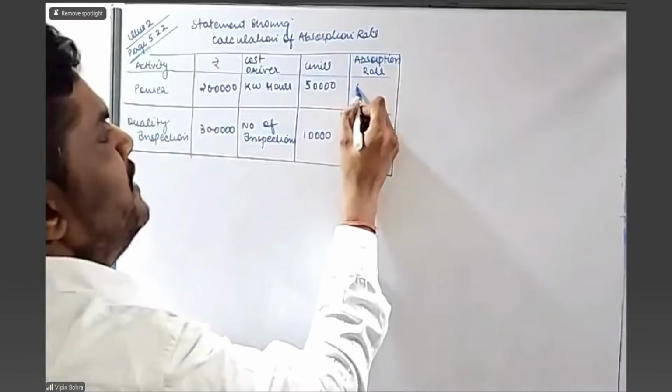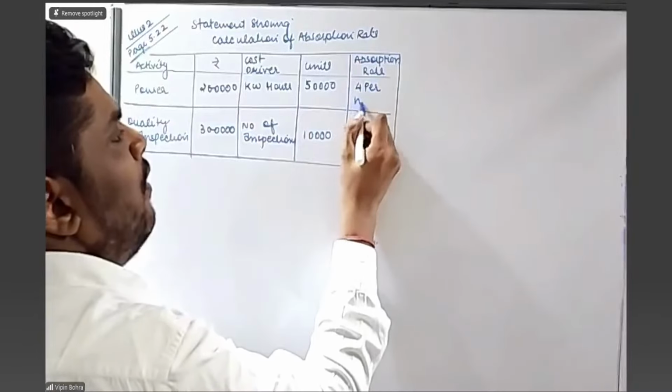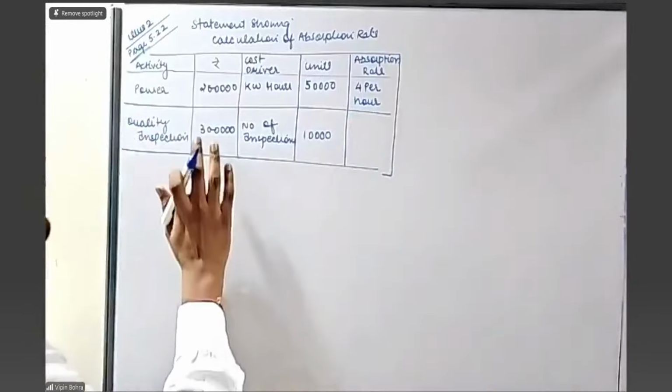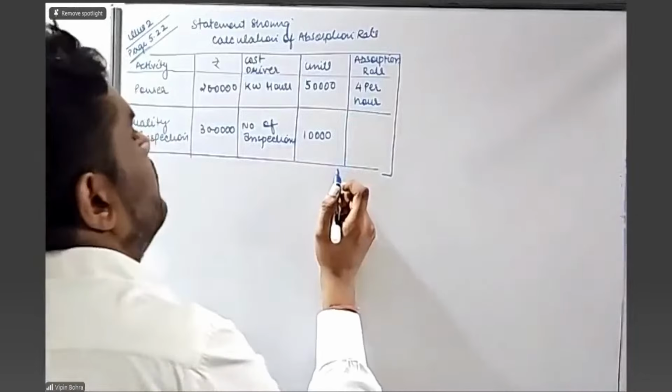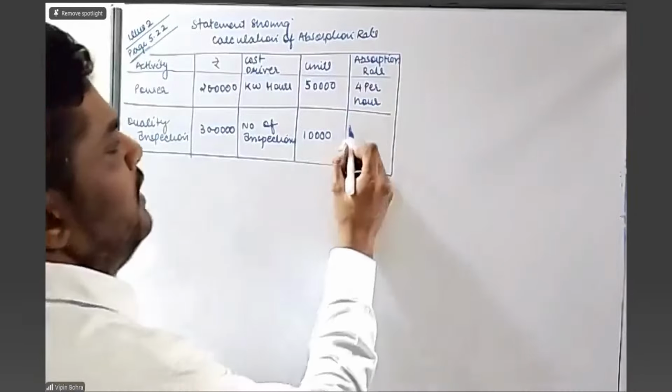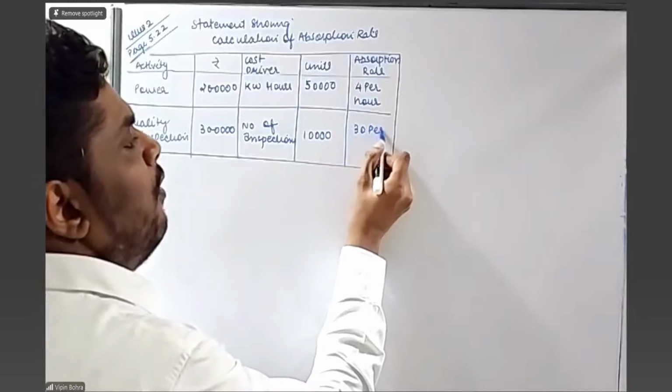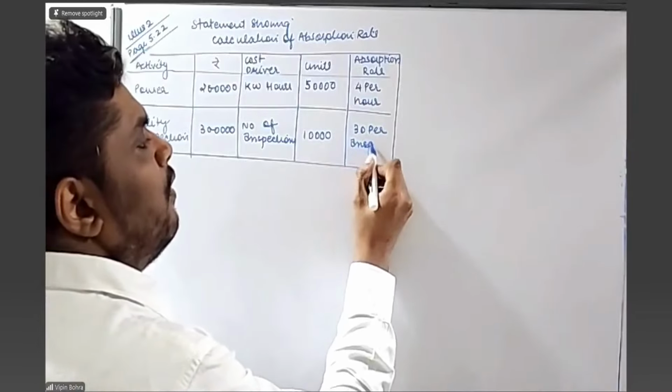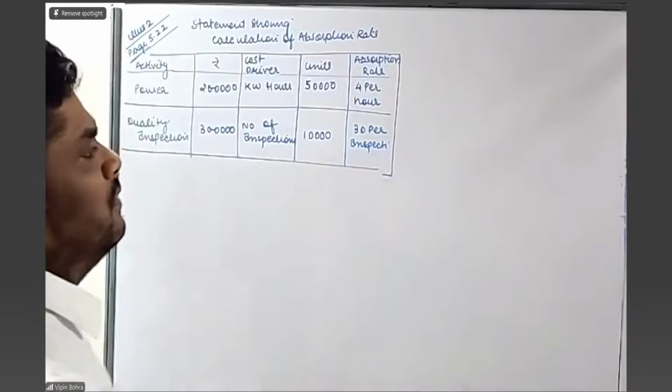So this will be rupees 4 per hour, and this will be 30 per inspection.